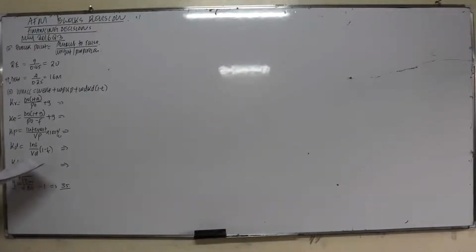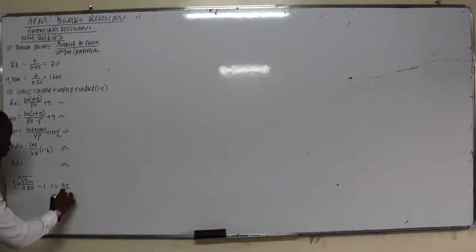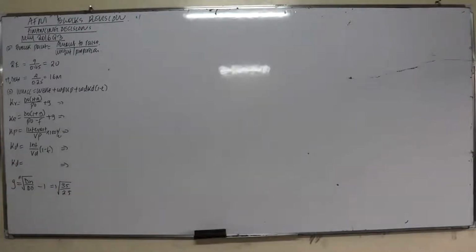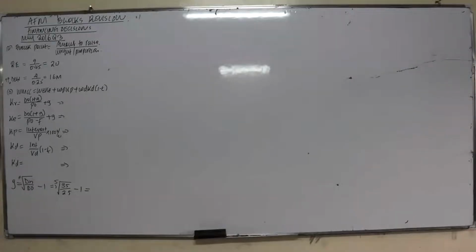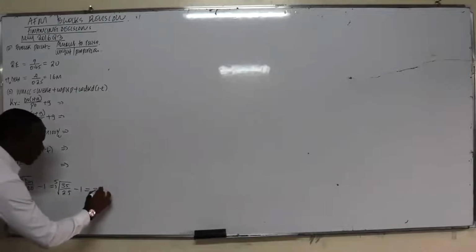D0, that's for 2010, the amount was 2.5. And how many years? 5. Good, 5 minus 1. You multiply by 100% to give it as a rate. It's 6.9, approximately 7 percent.